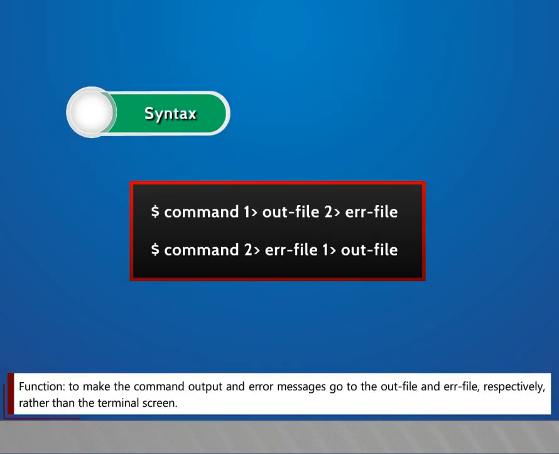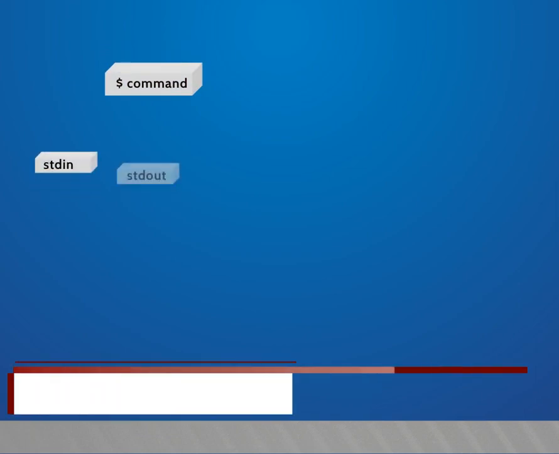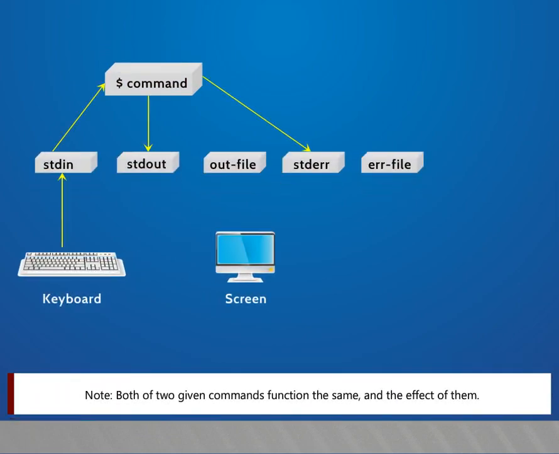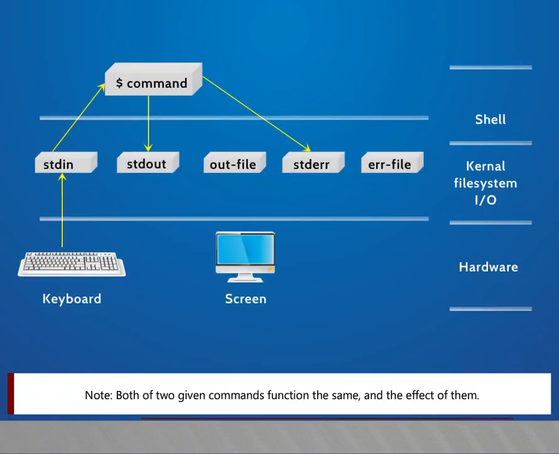Function: to make the command output and error messages go to the out file and error file respectively rather than the terminal screen. Note, both of the two given commands function the same.